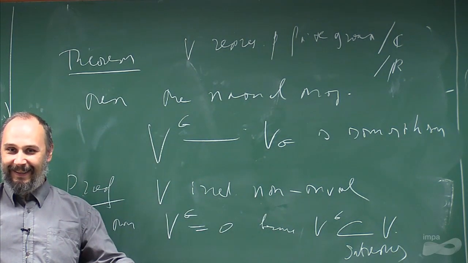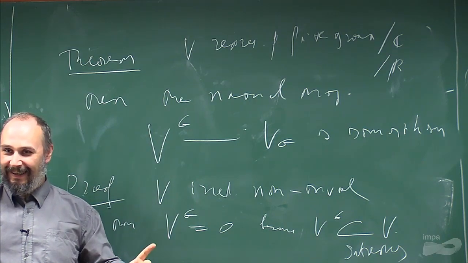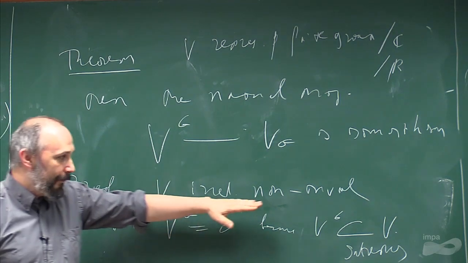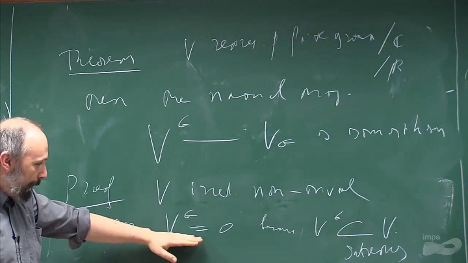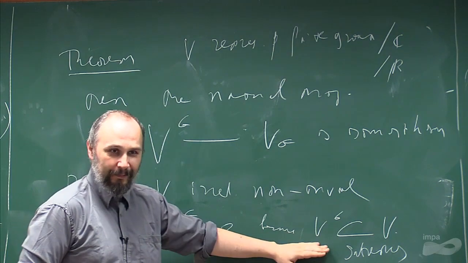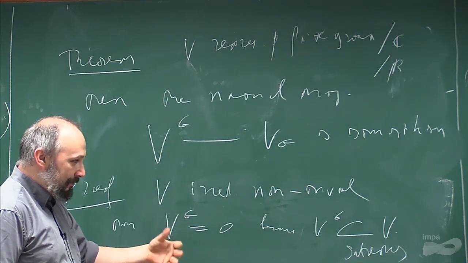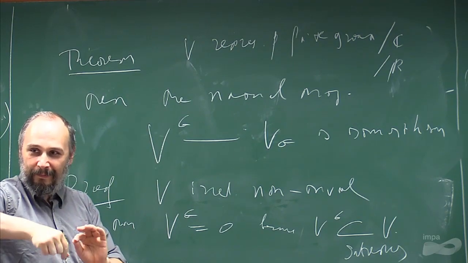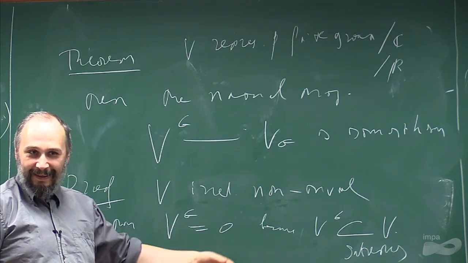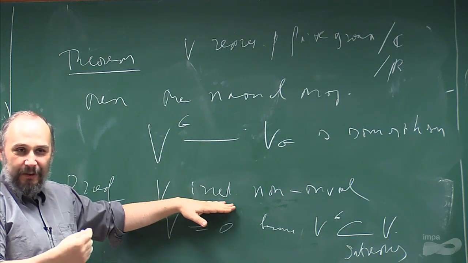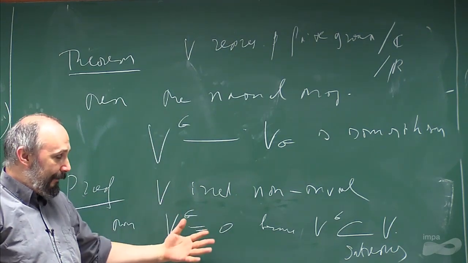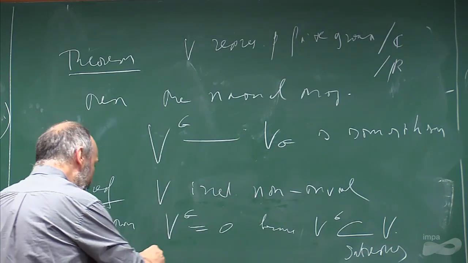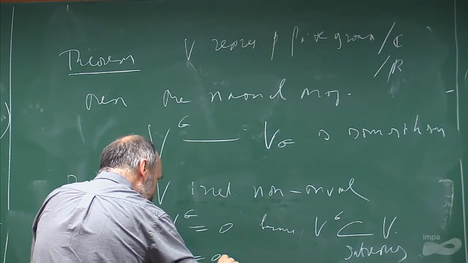Let me repeat. You have an irreducible non-trivial representation. I want to prove that invariants are trivial. Indeed, invariants are just the subspace of vectors which are fixed by your group. It's a sub-representation, but it's irreducible, so it has no non-trivial sub-representation. It's either everything or zero, and it can't be everything because it's non-trivial. Then V^G is equal to 0.